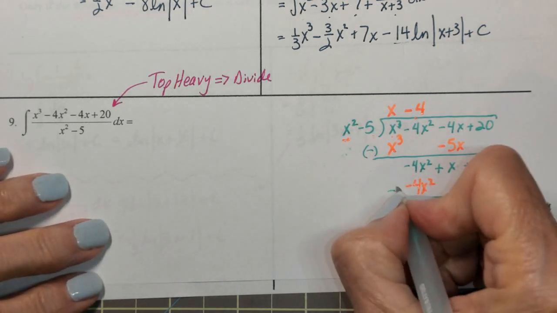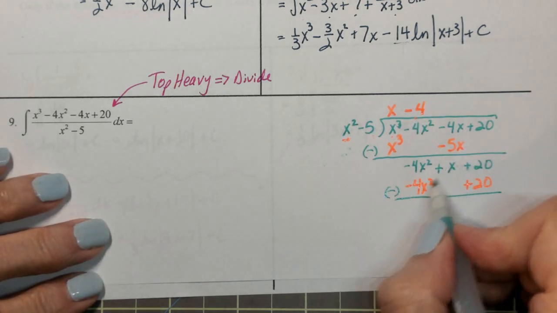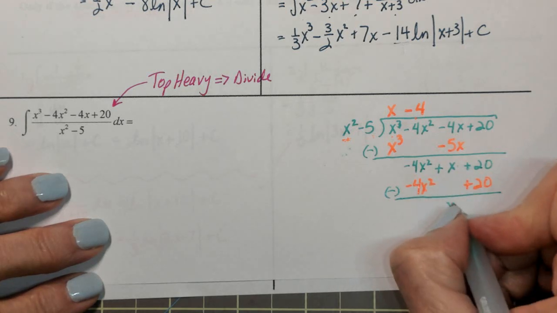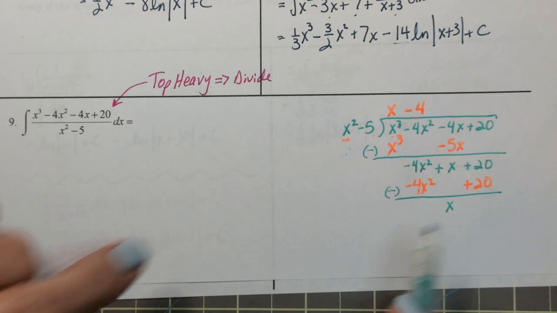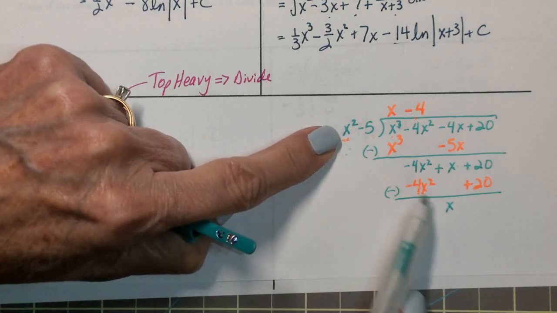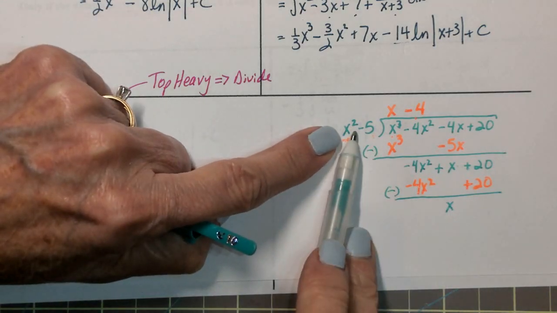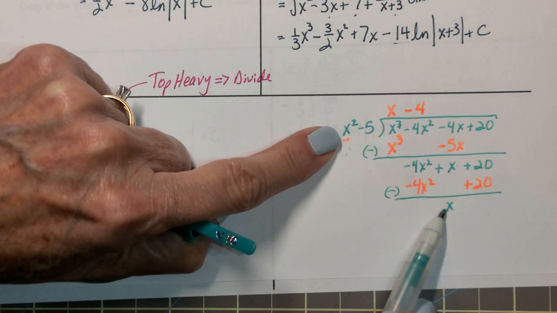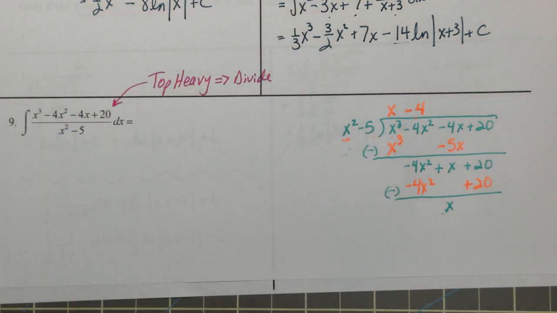And again we subtract this polynomial minus this polynomial. And I'm left with just an x. Since we would have to multiply by a 1 over x to get here, we're done with the division step.